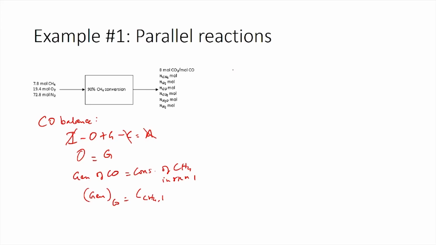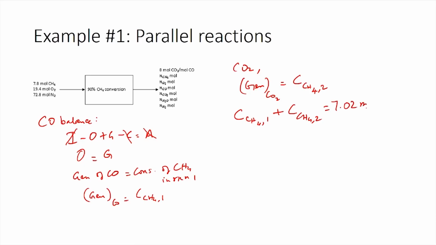Similarly, for carbon dioxide, the generation term would be equal to the consumption of methane in the second reaction. Now we already know that the total consumption of methane is 7.02 moles, which means consumption of methane in the first reaction plus consumption of methane in the second reaction is equal to 7.02 moles.